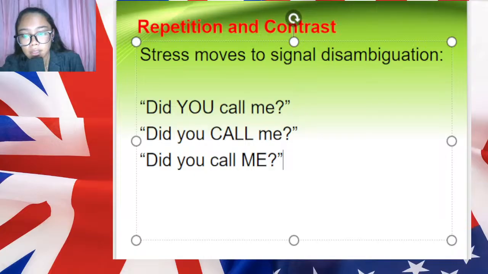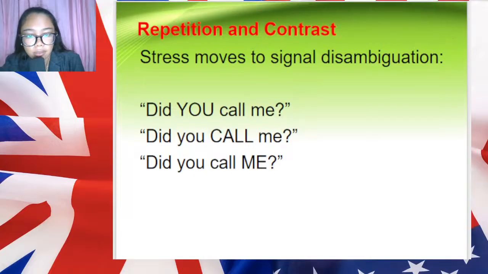So, again, this is on repetition and contrast, where the same sentence having the exact same words can be interpreted in many ways depending on the shift, or depending on the stressed word in the sentence.